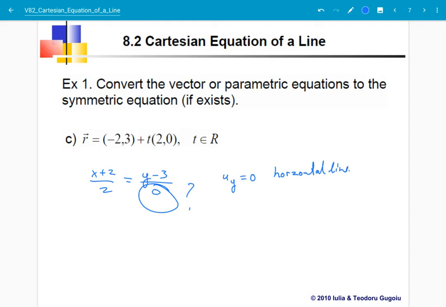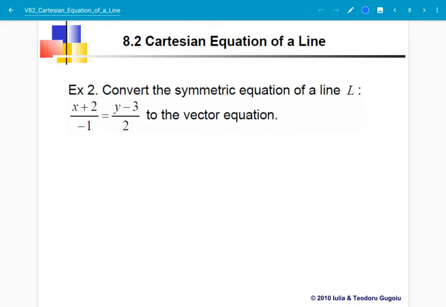And so the symmetric equation doesn't exist. It does not exist, okay, for a horizontal line. It'll be the same problem for a vertical line. All right, because then the ux would be 0 and be divided by 0 again.